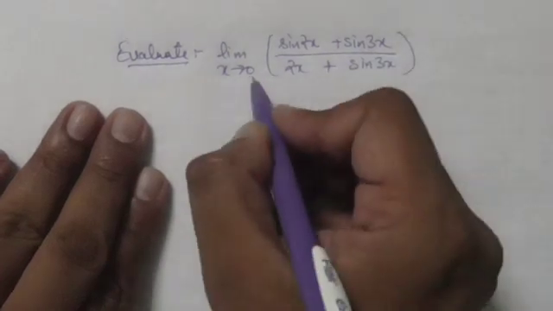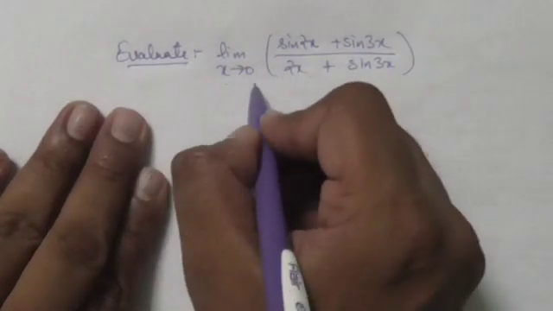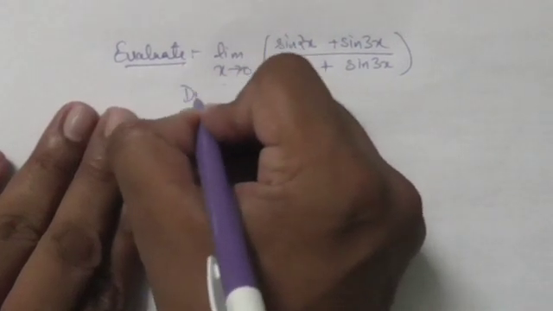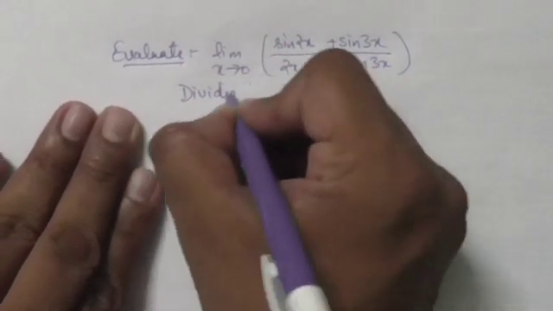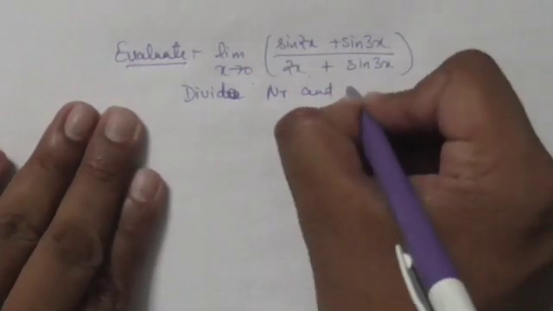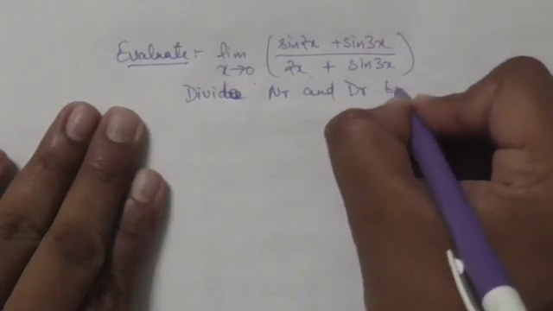Now we have to evaluate the limit of this function as x tends to 0. So what we will do, we will divide numerator and denominator both by x.